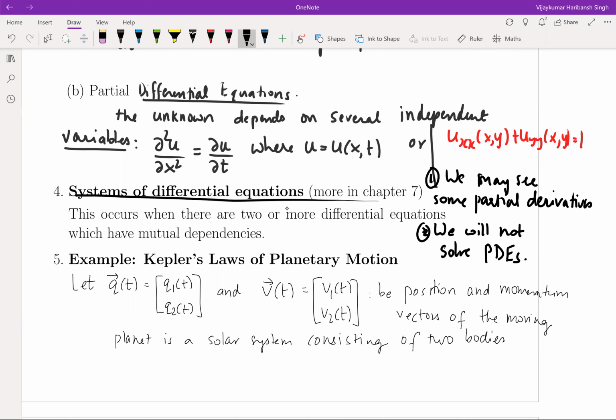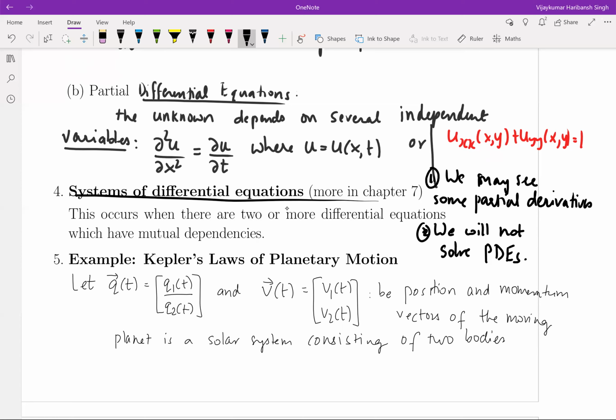Now, the idea is basically, in our case, if we only consider Sun and Earth and forget about every other planet in the solar system, then Q1 represents the position of Sun and Q2 represents the position of Earth, and V1 represents the momentum of Sun, and V2 represents the momentum of Earth.